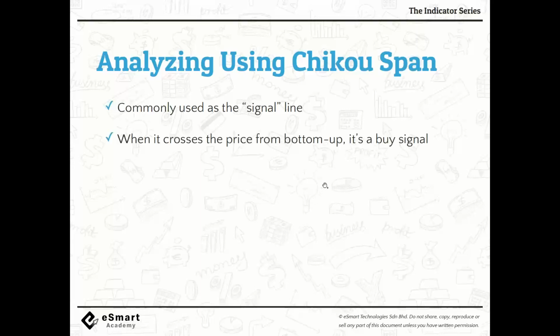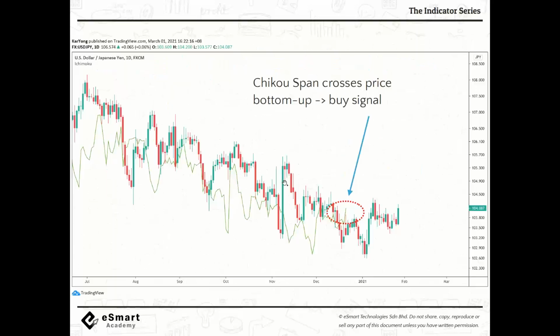How we use this is basically when the Chikou Span crosses the price from bottom up, that means if from below it crosses up, that's a buy trigger. And vice versa, if this particular signal line crosses from the top to the bottom of price, that's a sell signal.